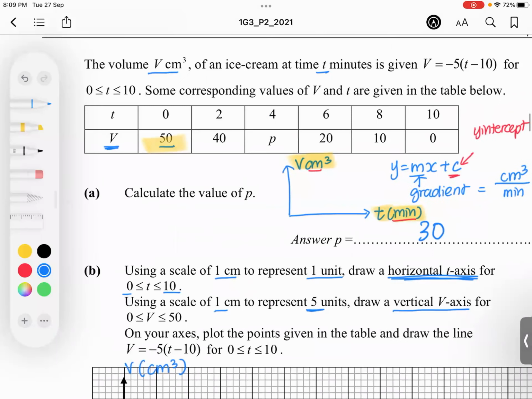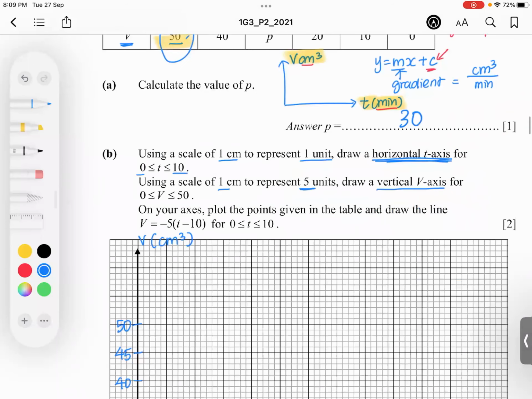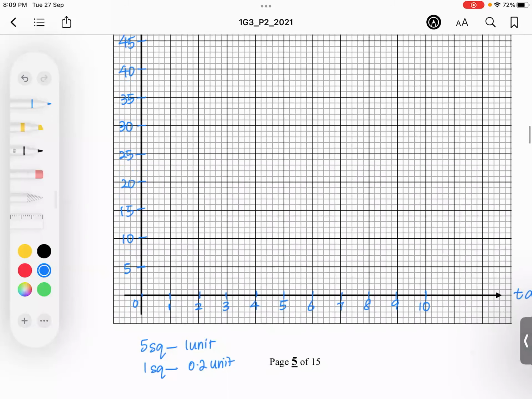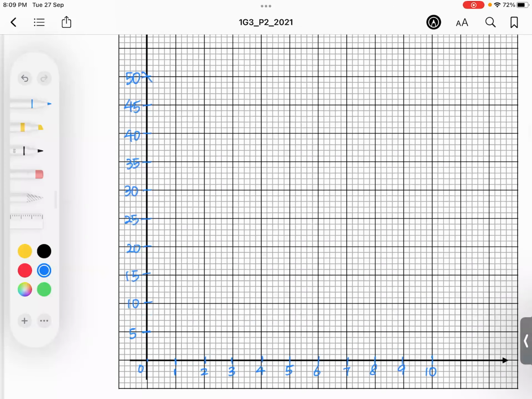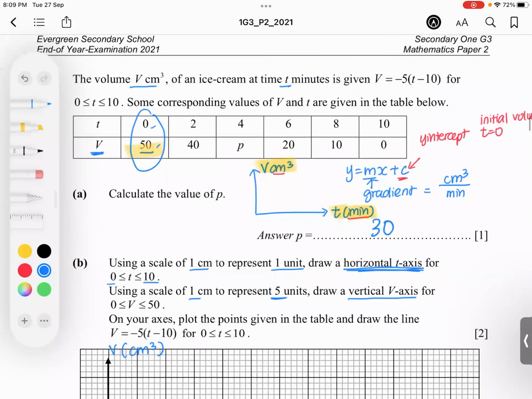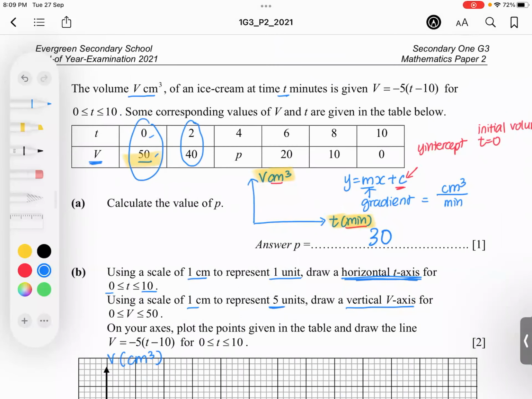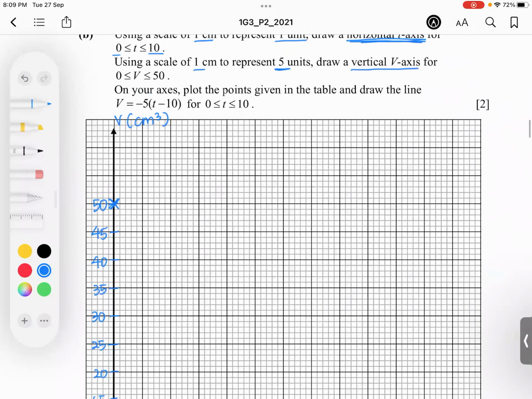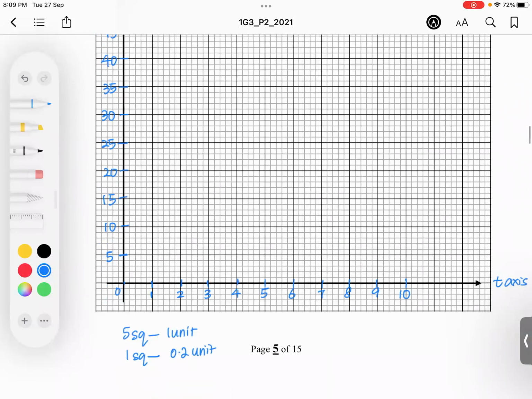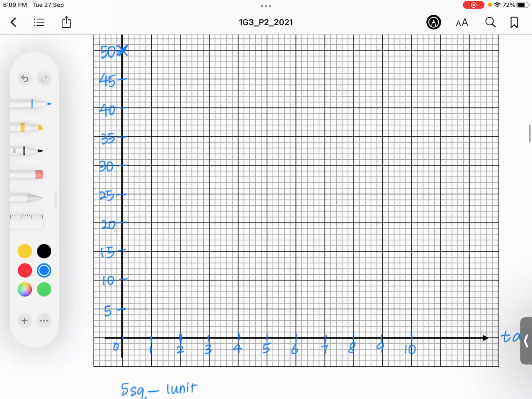So this point here, the first point will be block 0, level 50. So we are at block 0, then take the escalator or lift, go up to level 50. Okay, next one will be the second point, 2, 40. Block 2, level 40. So block 2 is here, then take the lift all the way to level 40.